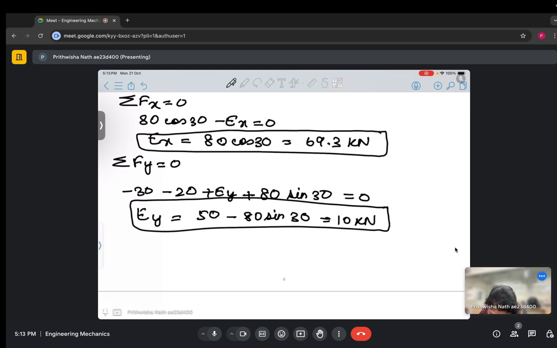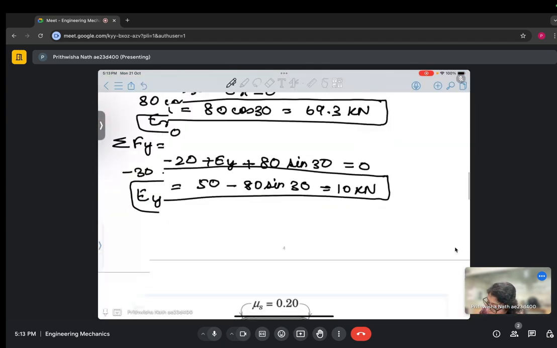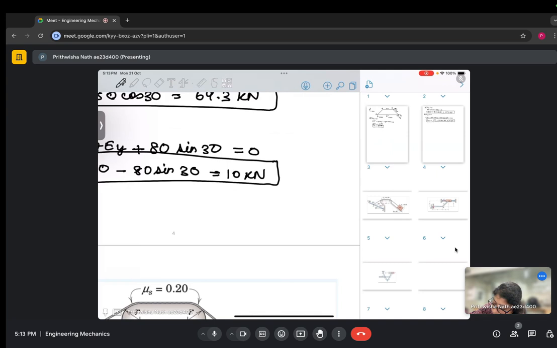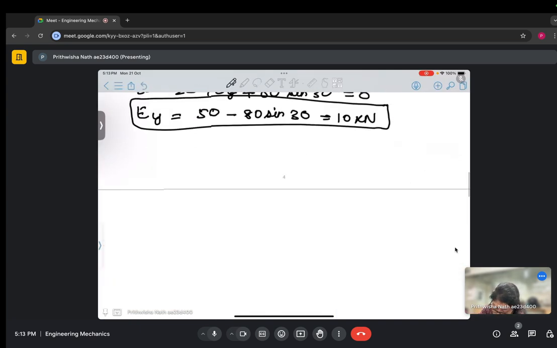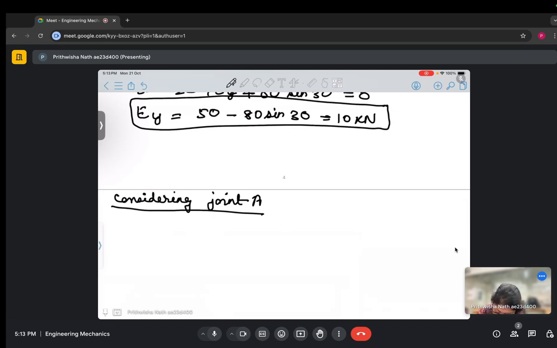Now first let us consider joint A. Considering joint A, so first I'll draw this joint.